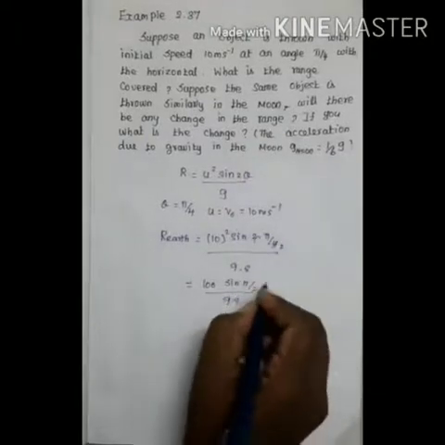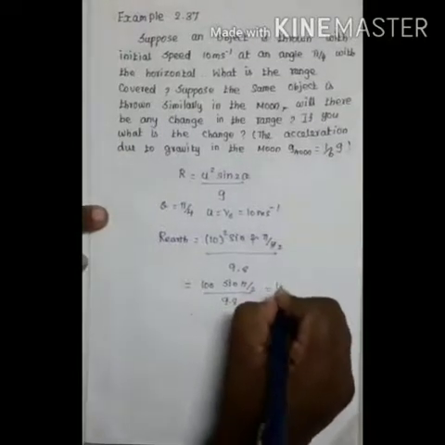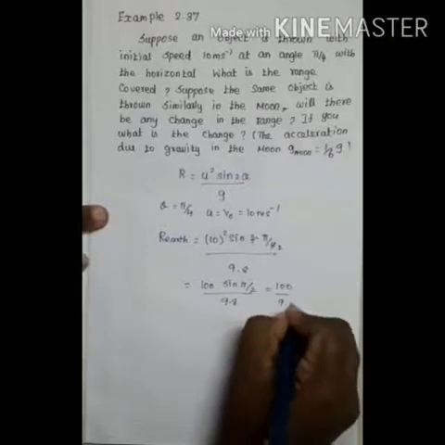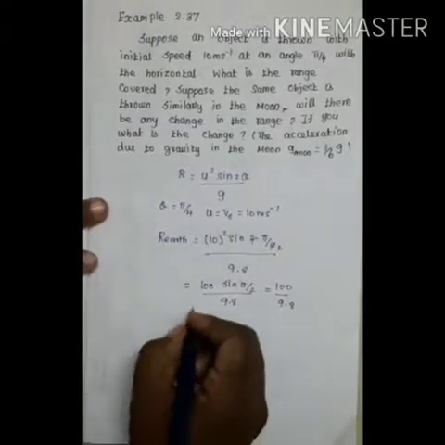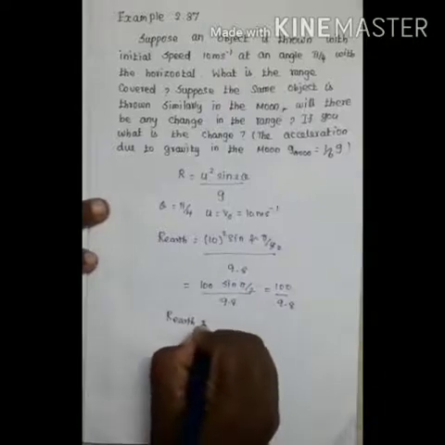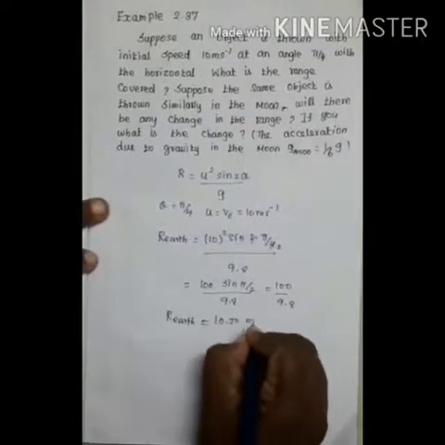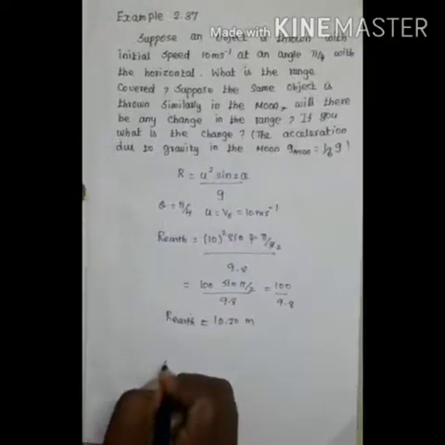Sine pi by 2 is equal to 1. Therefore, R earth is equal to 100 by 9.8, which is 10.20 meter, approximately 10 meter.